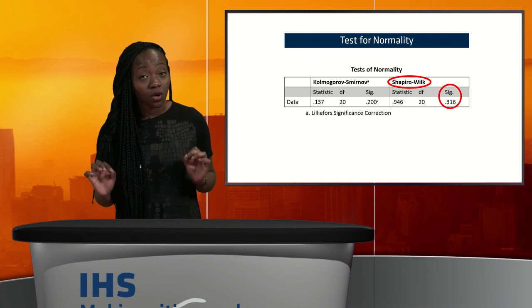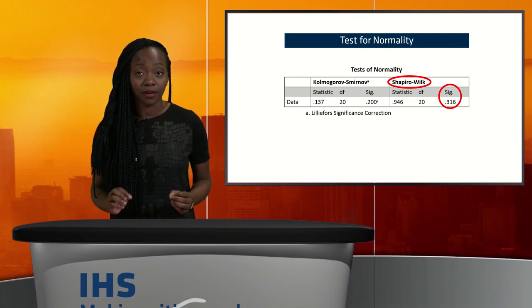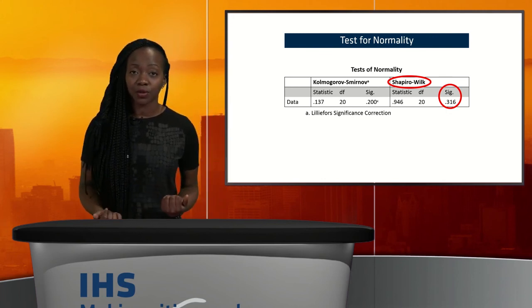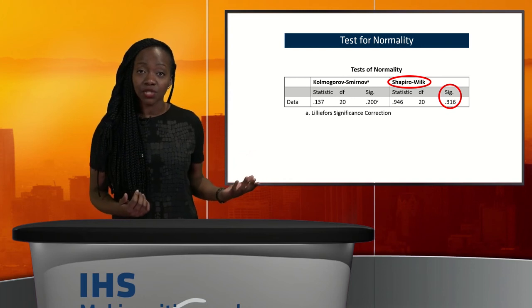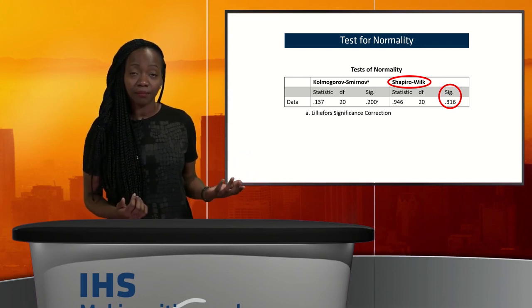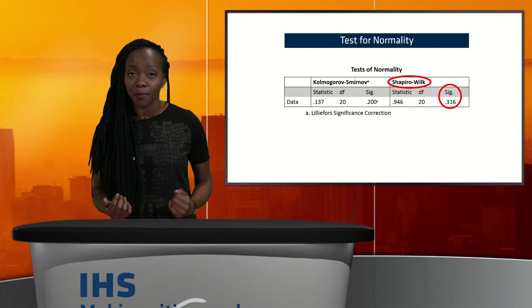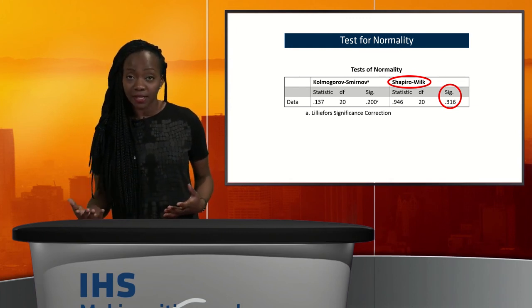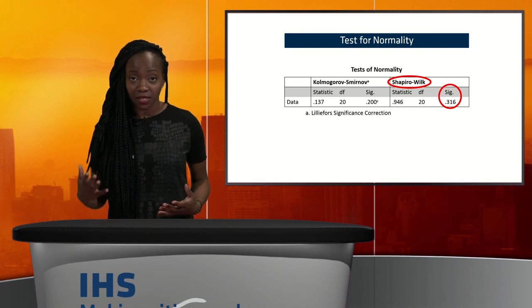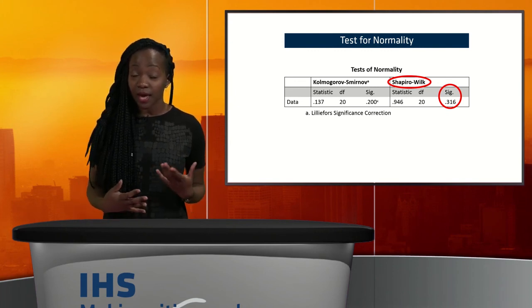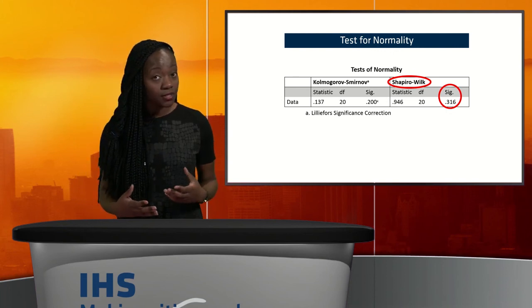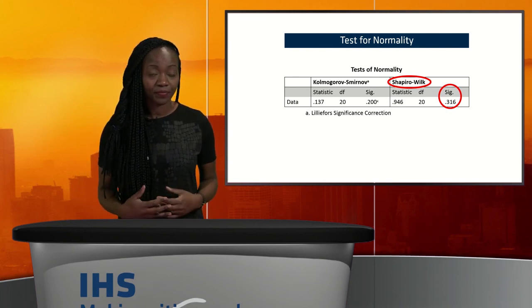Categorical data is already non-normal, and therefore a test of normality would not be applicable. In the example shown here, a normality test shows a significant outcome because it is below 0.05. This means that we reject the null hypothesis that the data is normally distributed and accept its alternative, meaning that the data is not normally distributed.